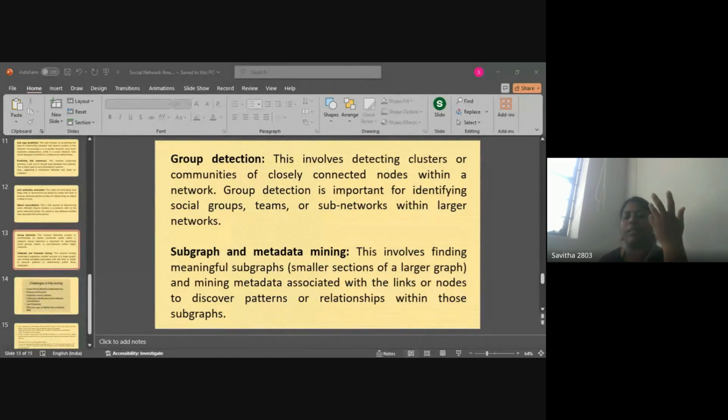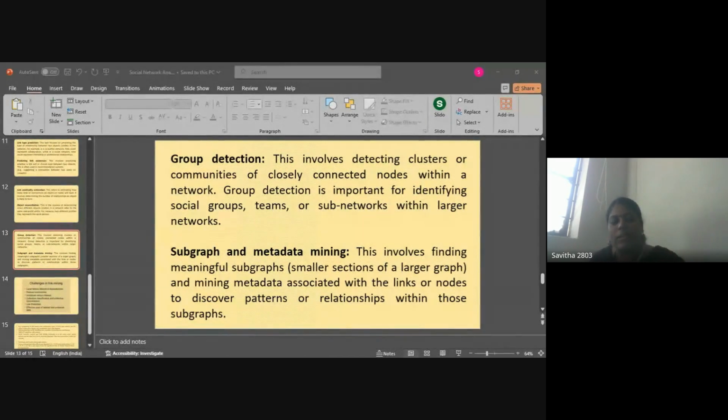So we need to find the common communities or common clusters in a particular network. That is called group detection.